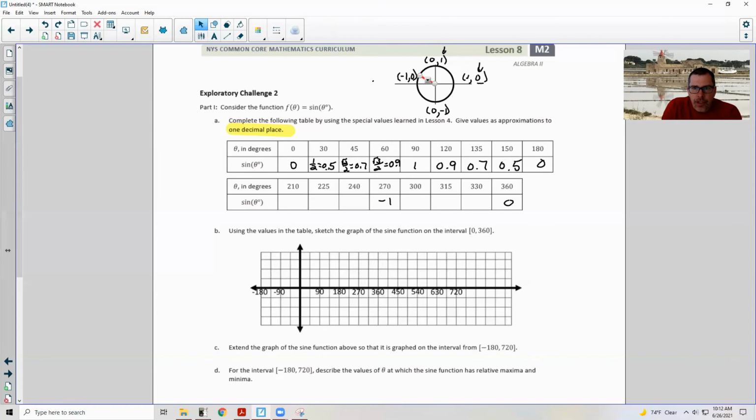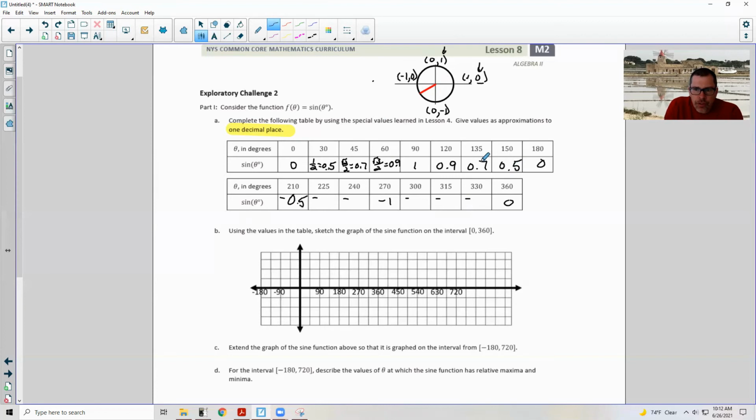And then when we come around to this side and we get to 210, which is 30 degrees more than 180, where we went left and we went down. Sine is negative in the third and fourth quadrants. So we're now going to get all negative values. I'll put them here now so I don't forget. These are all negative, third and fourth quadrant. So the sine of 210, reference angle 30, is a half, which is negative 0.5.